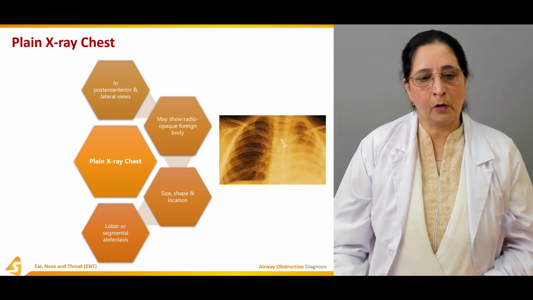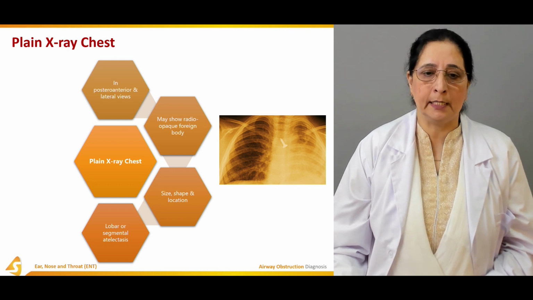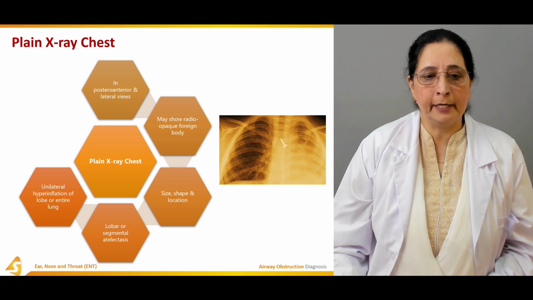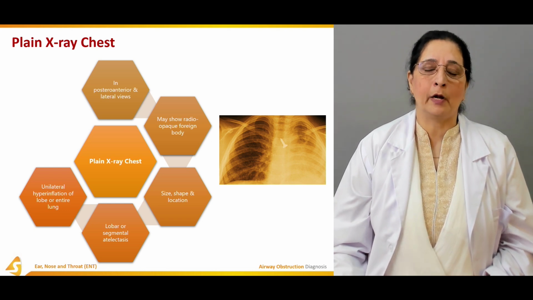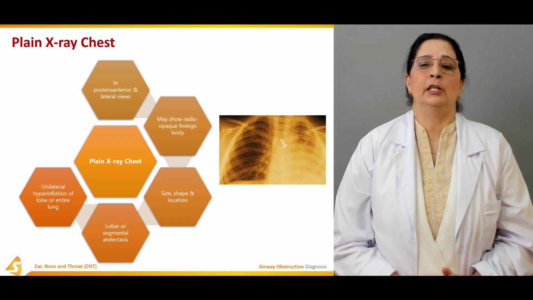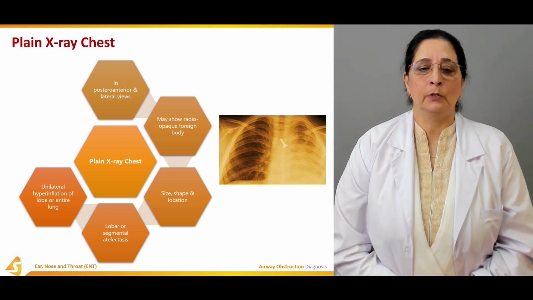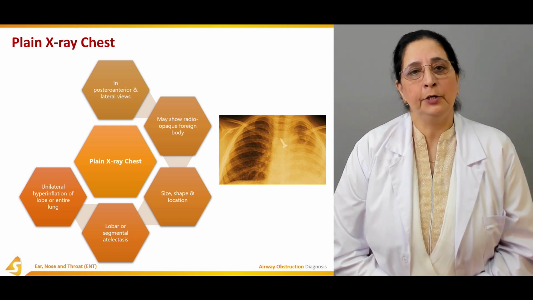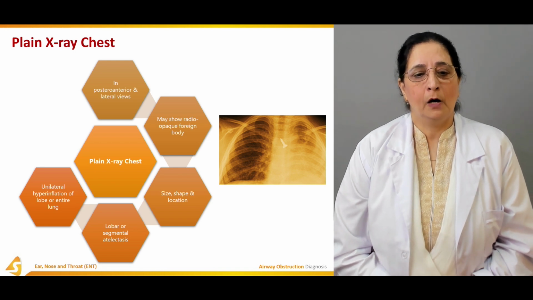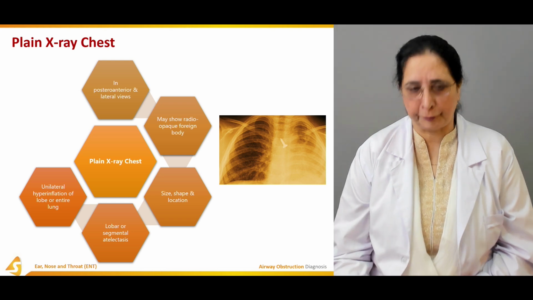Then lobar or segmental atelectasis we can also see in the X-ray. Unilateral hyperinflation of lobe or entire lung. So if the lung is hyperinflated, we can also see unilateral hyperinflation of the lung or the lobe in the X-ray.